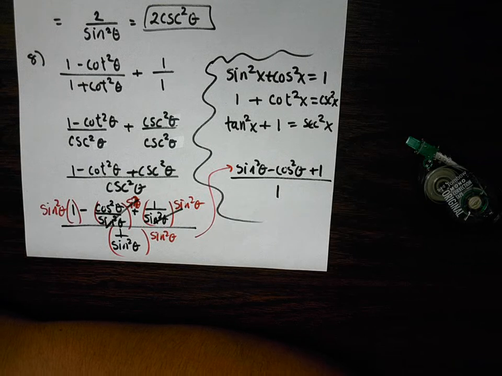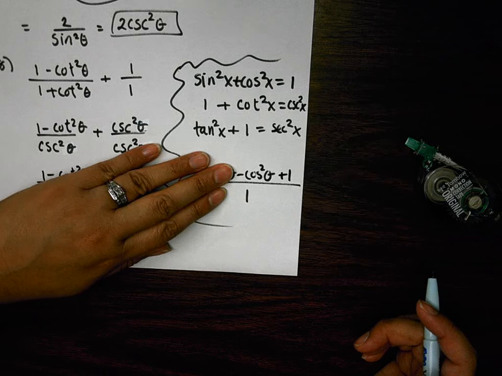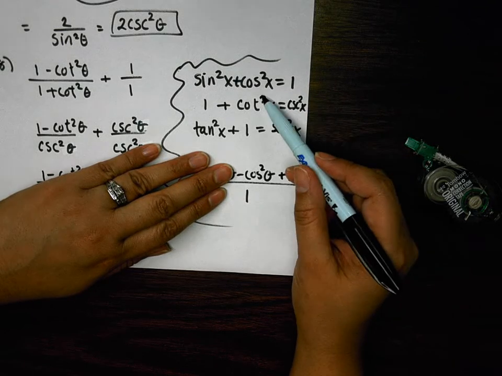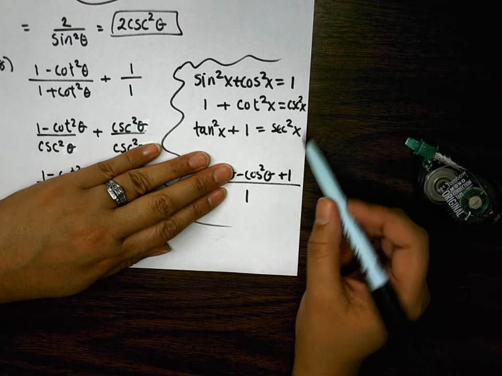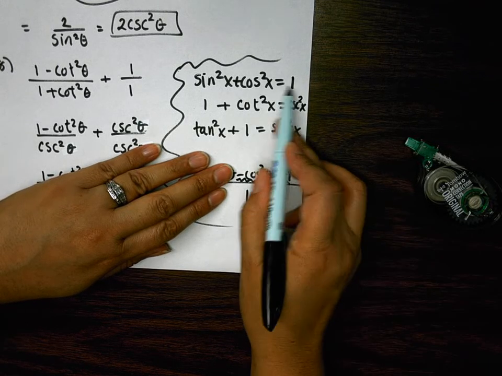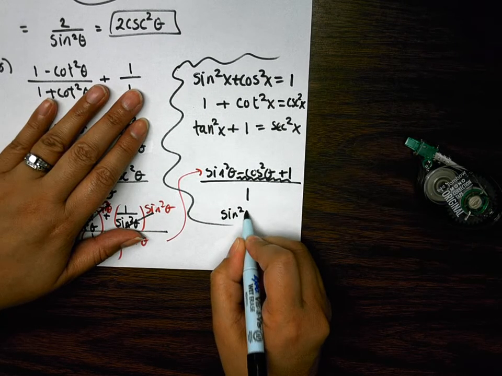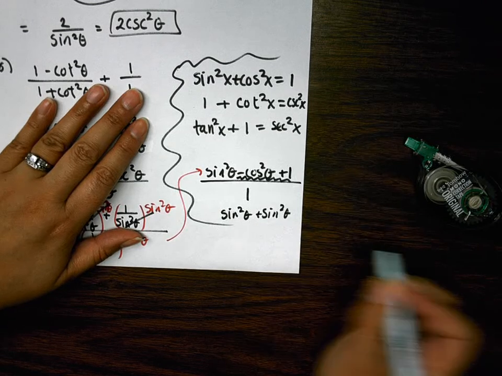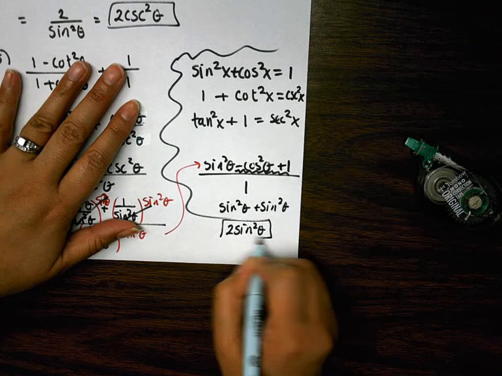Is that an identity? Sine squared minus cosine squared. Is negative cosine squared plus 1. Could I rearrange this to be negative cosine squared plus 1? Is this equivalent to 1 minus cosine squared? And 1 minus cosine squared is what? So I end up with sine squared plus sine squared, which is 2 sine squared.